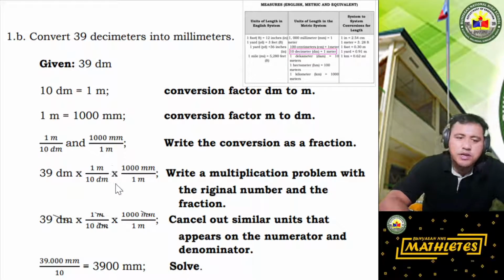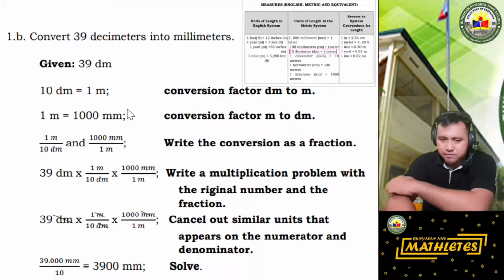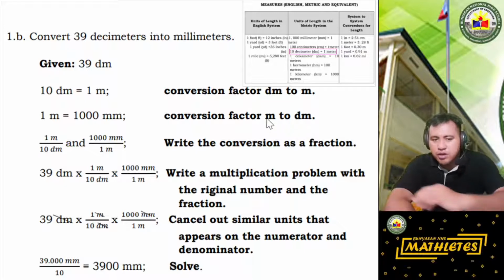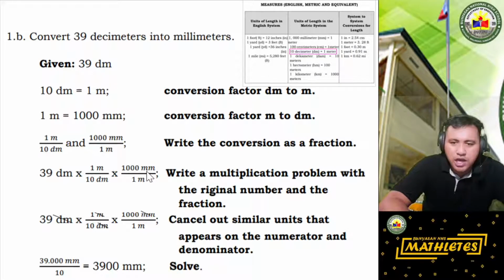Then meter, ang isa gumagamit ng meter, pareho sila. So sa taas yung meter. Kailangan ang isa namang conversion factor natin ay meter to millimeter, so kailangan si millimeter ilagay natin sa numerator. We'll put millimeter into the numerator.